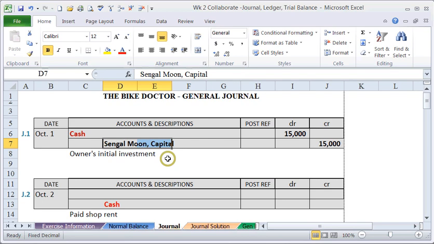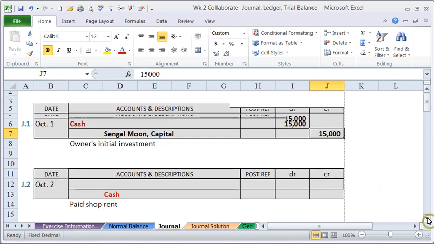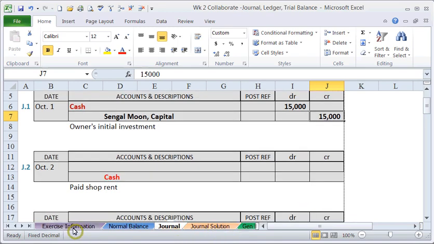The name Sengal Moon Capital is a little bit to the right, and the amount that's being credited to that account is over to the right. Accountants with a lot more experience than you have will be able to scroll through the journal and recognize the debits and credits much more easily this way. Let's look at his second transaction.